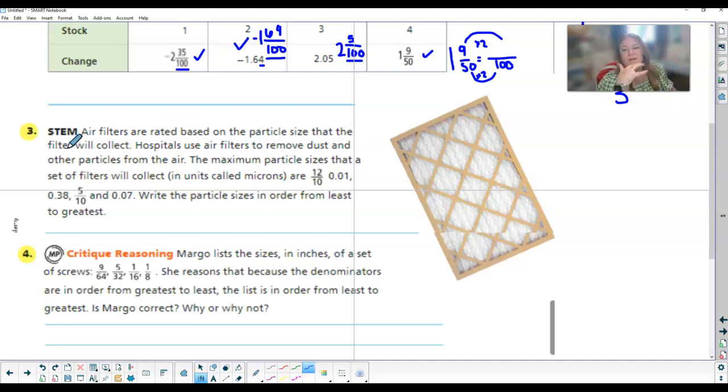So I know all of this was kind of confusing, right? Air filters, particle sizes. So what it really just wants us to do is write the particle sizes from smallest to biggest. It's not asking for decimals or fractions, so we can choose how we want to do it.